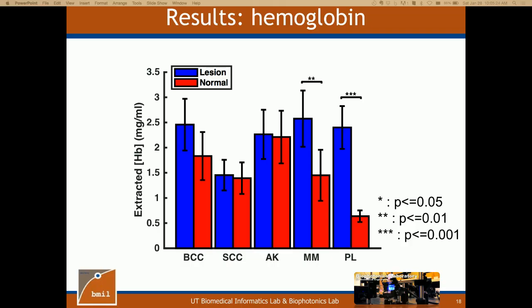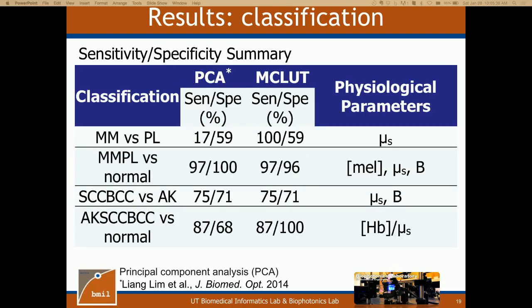Currently, our lookup table model is one layer, and we assume the tissue is homogeneous. This may affect the extracted hemoglobin concentration. But the existing extracted parameters can be used to do classification, as we did in the previous PCA analysis.